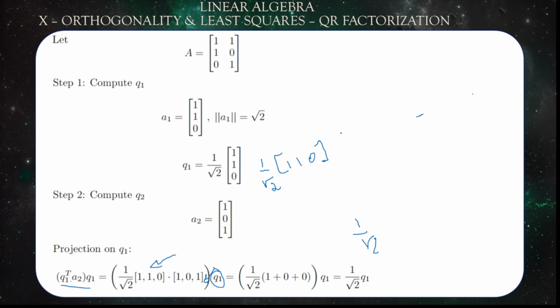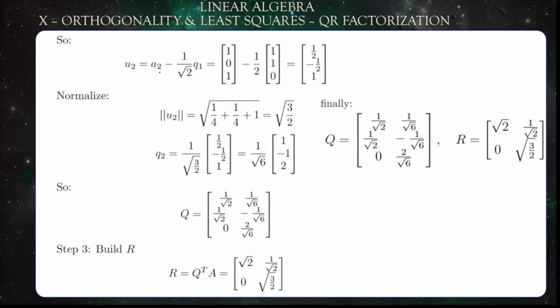Multiplied by A2, which is 1, 0, 1, and then times Q1, the original vector. So it gives you 1 divided by the square root of 2 times (1 plus 0) times Q1, which equals 1 divided by the square root of 2 times Q1.